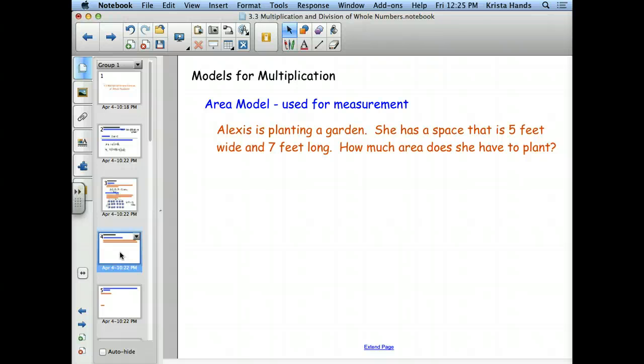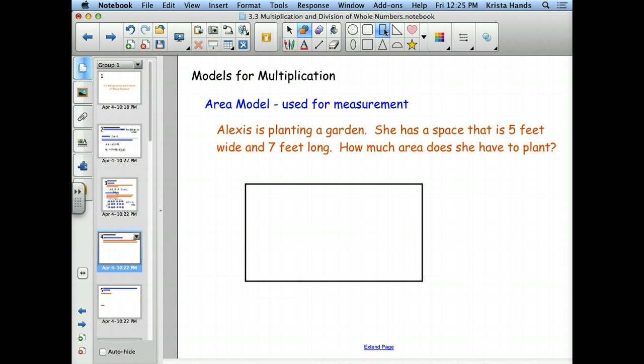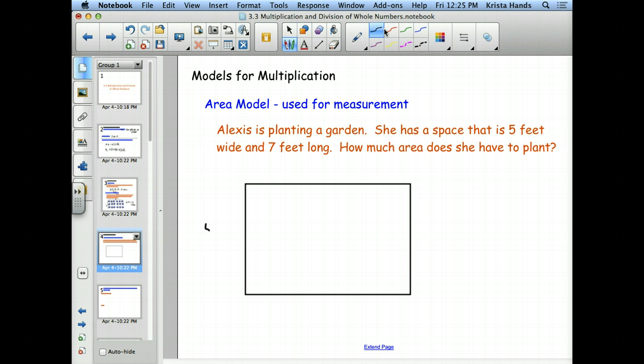So if we draw this one, we're going to draw it in what shape? It's a rectangle. Something like that. So this is 5 feet, and this is 7 feet.